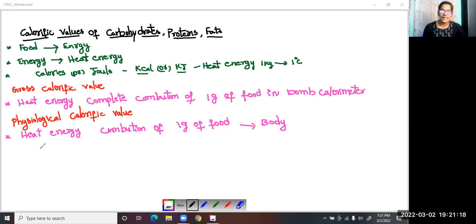Now let us see the gross calorific values and physiological calorific values for carbohydrates, proteins and fats.